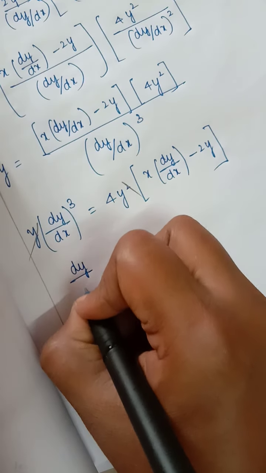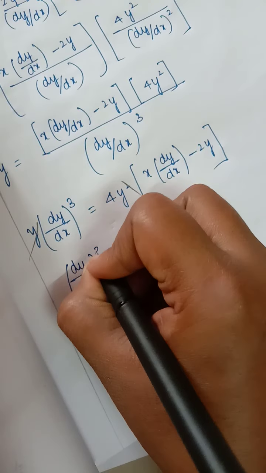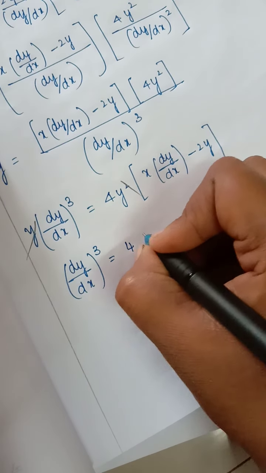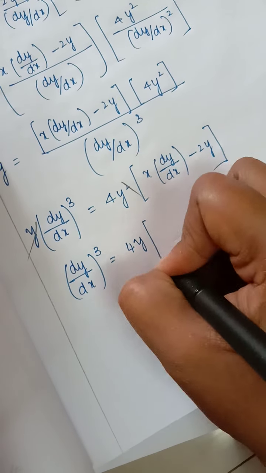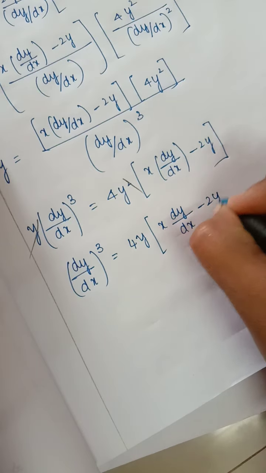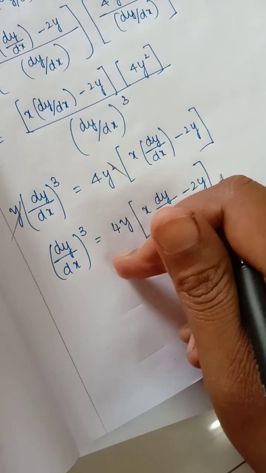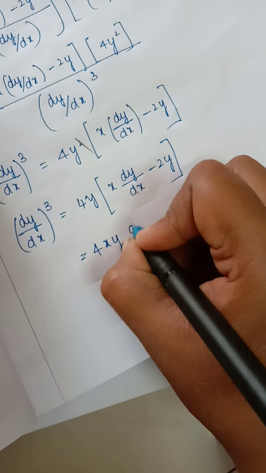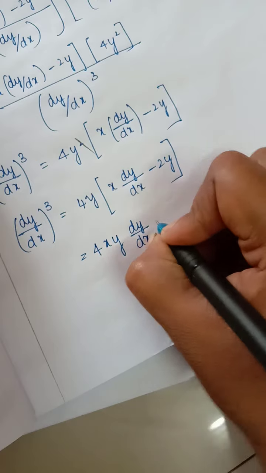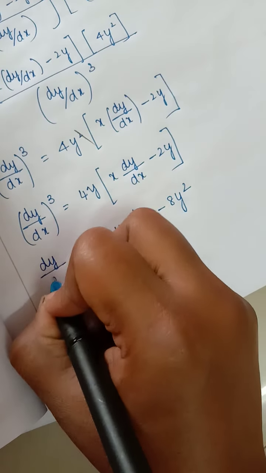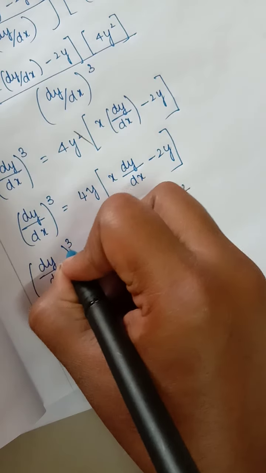So dy by dx the whole power 3 equal to 4y, then x into dy by dx minus 2y. Then you just multiply this term inside. So if you multiply, 4xy dy by dx minus 8y square, then dy by dx the whole power 3.